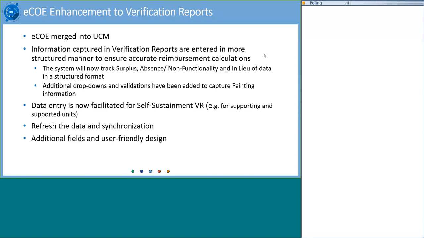That is a big thing. After that, the verification reports also integrated some improvements. The system tracks better the surplus, the absence, the non-functionality, and in lieu of data in a more structured way. I will show you all that during the demo.